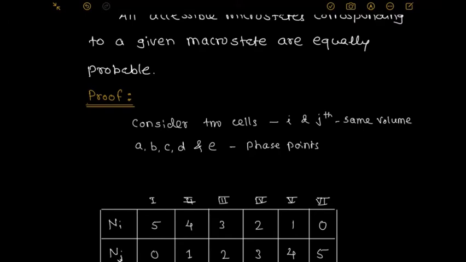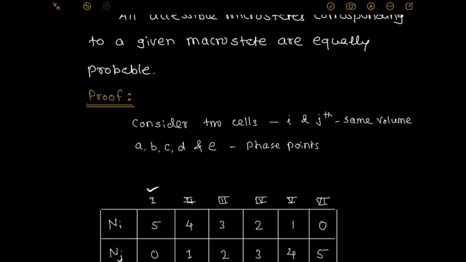Therefore, the possible macrostates for these two cells are: first 5 0, second 4 1, third 3 2, fourth 2 3, fifth 1 4 and sixth 0 5.